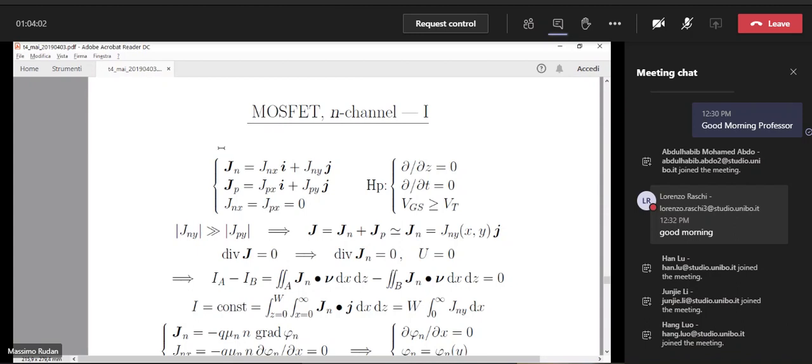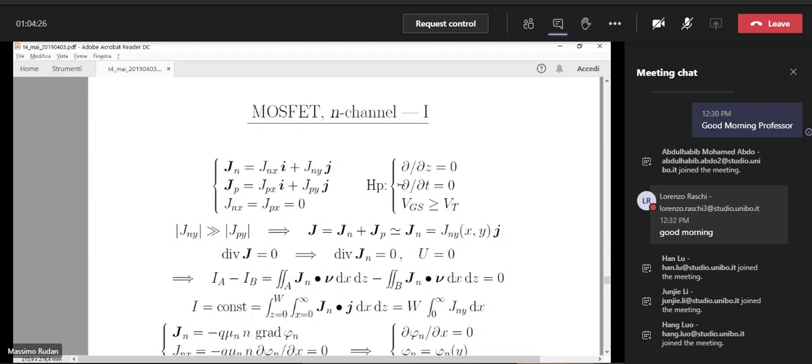Okay, so you see here there is no dependence on the z-coordinate. Then hypothesis number 2, we assume that we are in the steady state condition. Okay, so no dependence on time.